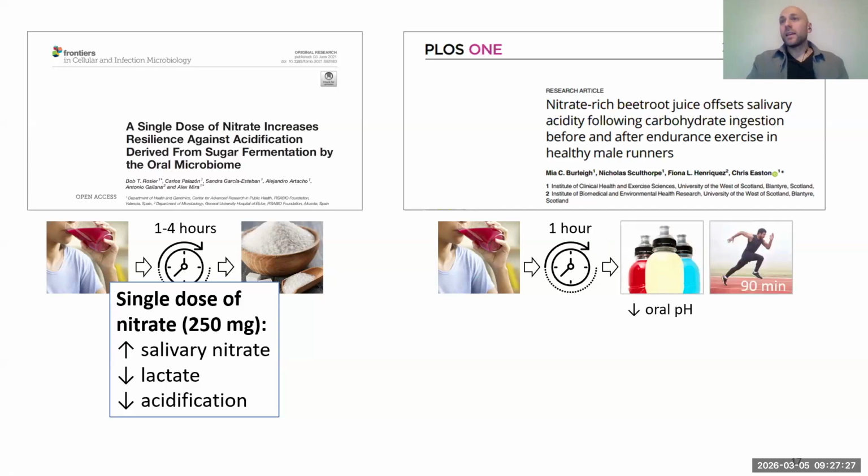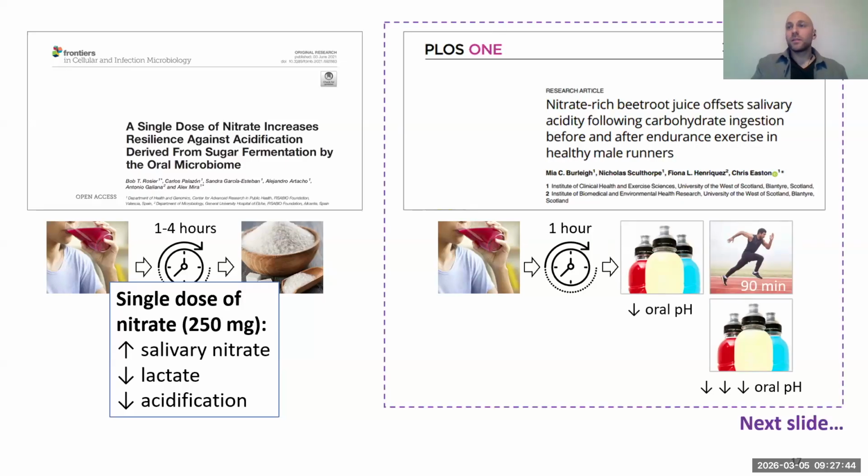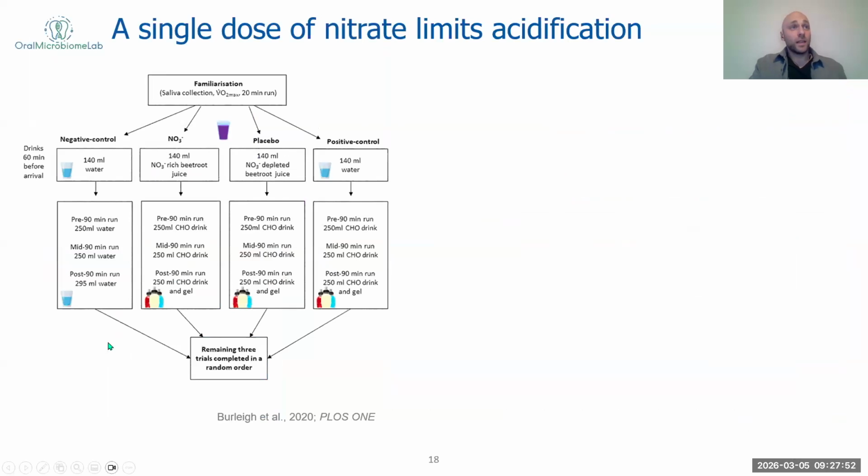Additionally, they combined this with 90 minutes of exercise, which also decreases the pH. And during this exercise, they consumed more sugar-rich products, which further decreased the pH. And I will show you the results of this study because I think it's a great and very complete study in the next slide. This study had 4 arms.